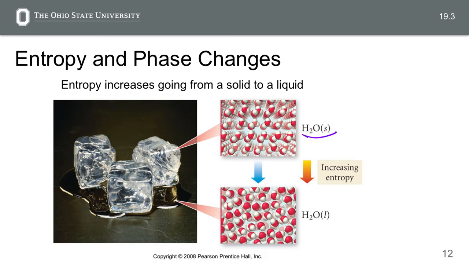We apply heat, or we allow ice at room temperature to turn into the liquid. The particles in the liquid can move around more, and so they have a higher entropy than that in the solid phase. There's more positions that the water in the liquid state can be in than in the solid state.